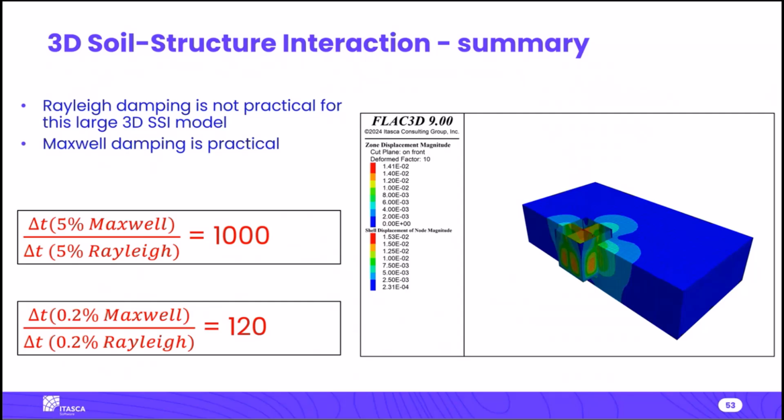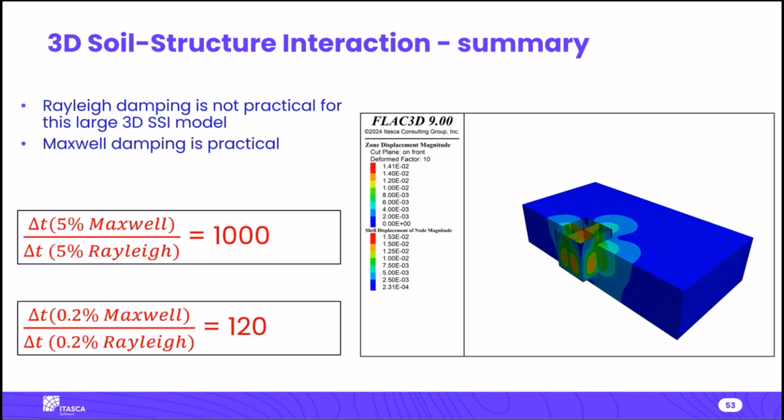But the big difference is this. The actual calculation time depends on your hardware, but if we assume that this soil structure interaction needs 8 hours of calculation, then if we use Rayleigh damping with a 5% target, it would require 1,000 times the calculation time.